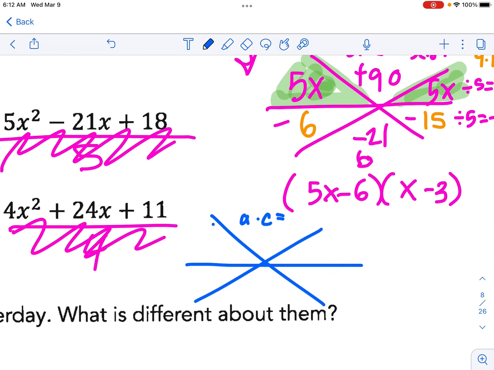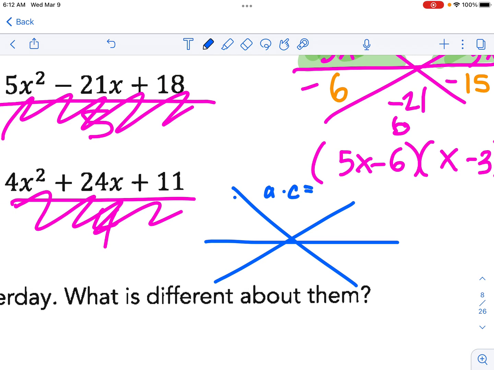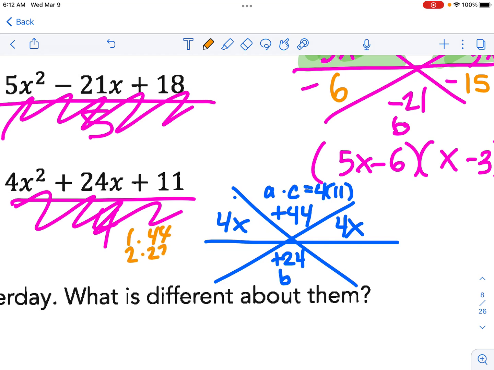Okay, if you're coming back here, you have hopefully tried this on your own. So this is 4 times 11, and that's a positive 44. And then we put a 4x in both of these spots. And then the bottom number B is plus 24. Okay, so looking at our factors of 44, we've got 1 times 44, 2 times 22, and 4 times 11.